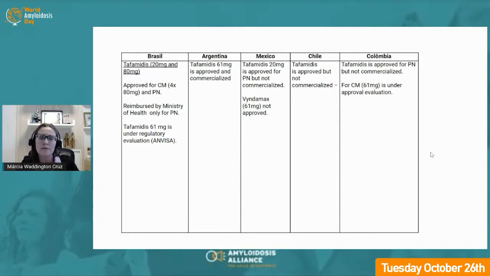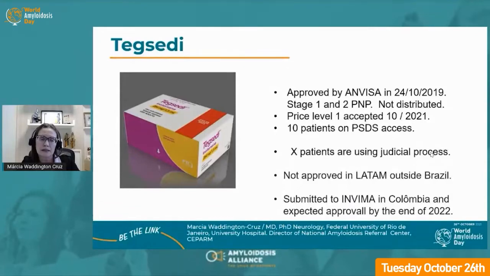Next one, please. As for Tegsedi, inotersen, it was approved by Anvisa in October 2019 for both stage 1 and stage 2 polyneuropathy, but it is not bought and distributed by the government. We have no reimbursement of drugs like in other countries.